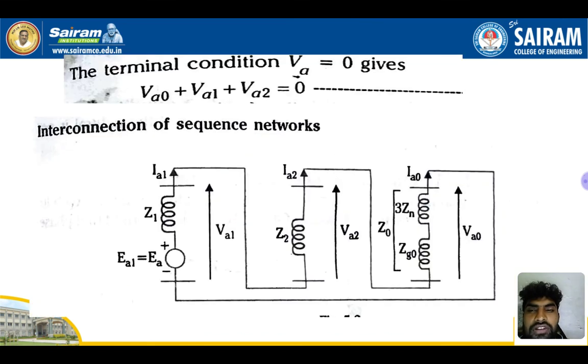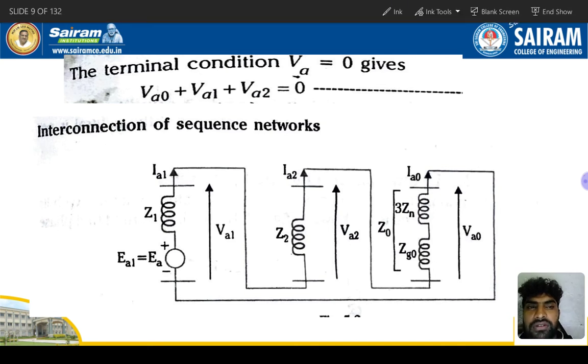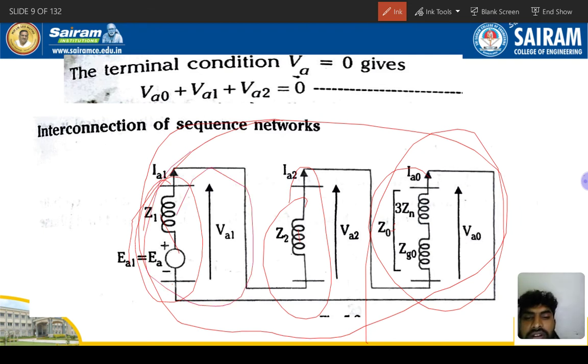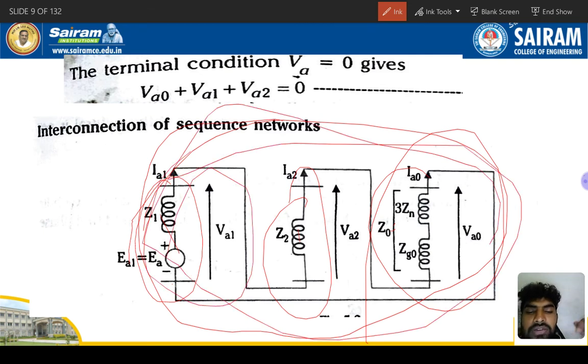The terminal condition of Va equal to 0 gives Va0 plus Va1 plus Va2 is equal to 0. Just take this one equation here, and the interconnection of the sequence networks is like this. Okay, so Ea, Z1, Z2, Z0: positive sequence, this one is negative sequence, and this one is the zero sequence component, right? Likewise you have to draw the circuit diagram for calculation purposes, but first you draw the reactance diagram.